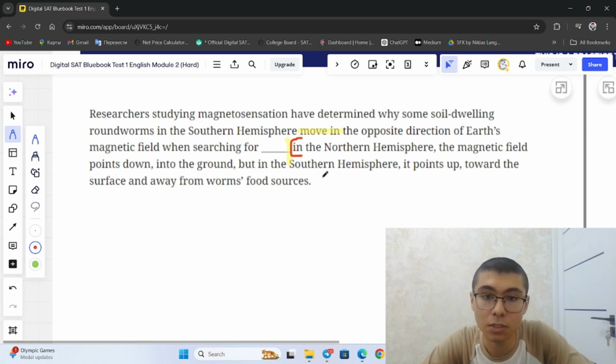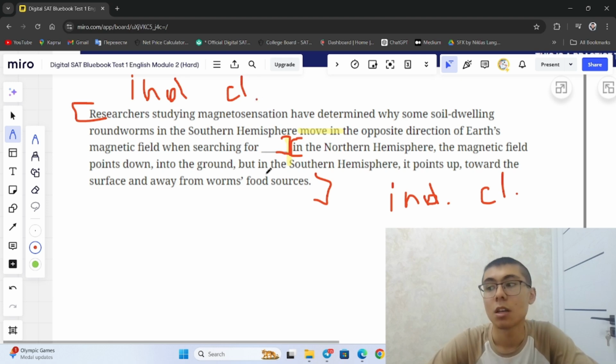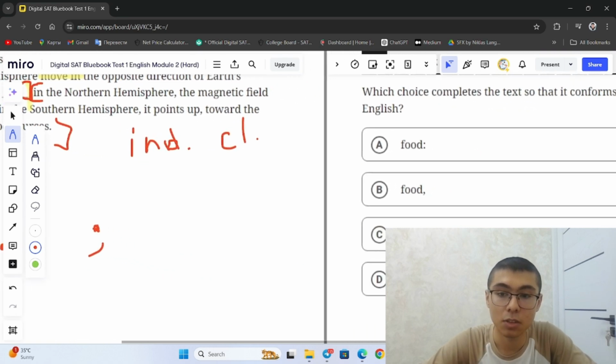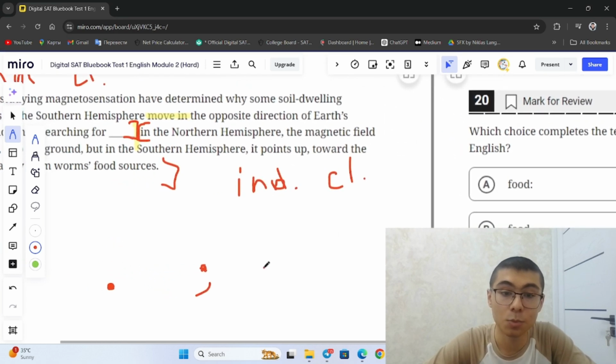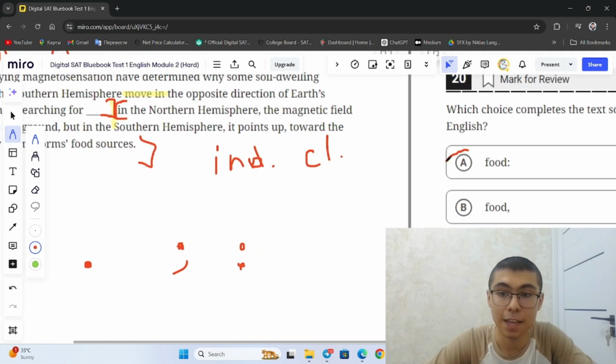So from here, this is also an independent clause, and even from here to here, it's also an independent clause. So to connect them, we either need a period or a semicolon. So let's have a look at the choices. Or we can also put a colon. Why? Because it's explaining here, right? So in this case, A is correct.